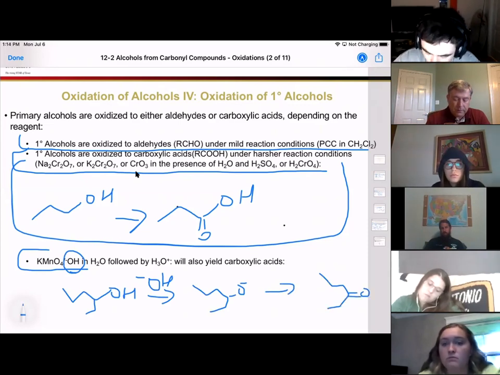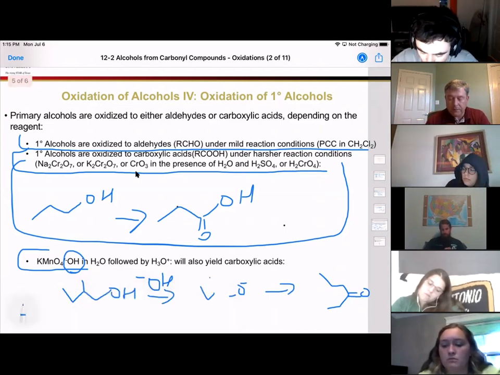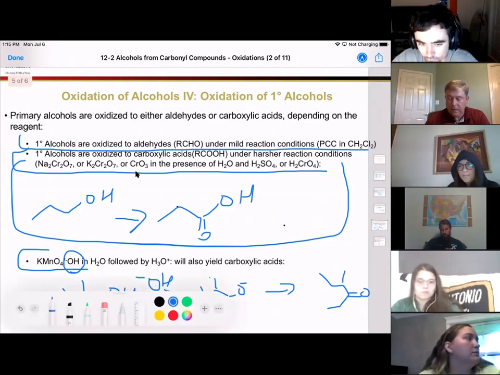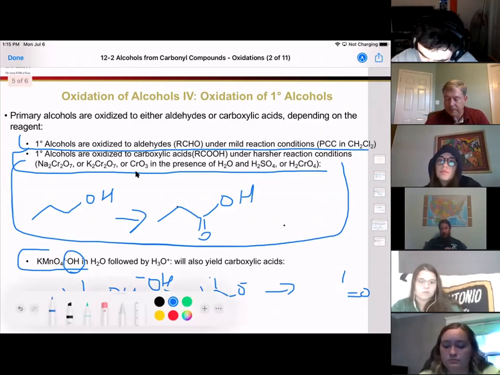But if this were a primary alcohol, it would be oxidized down to the carboxylic acid. It'll oxidize it to ketones or carboxylic acids, depending on whether it's a primary or secondary alcohol.